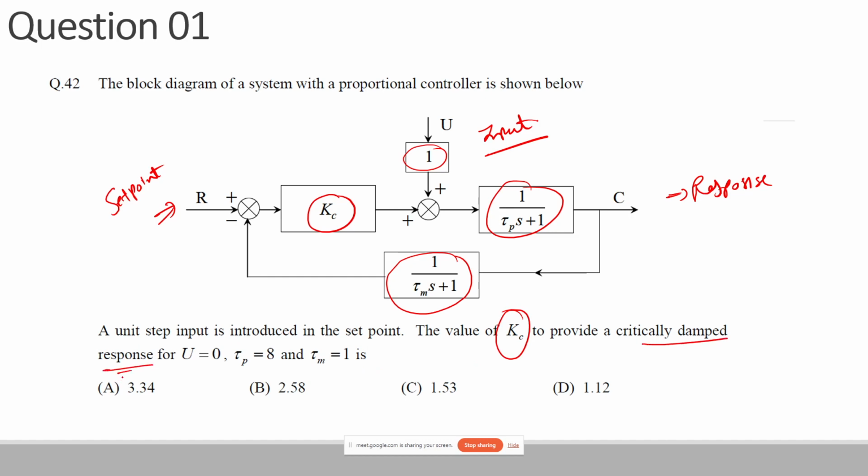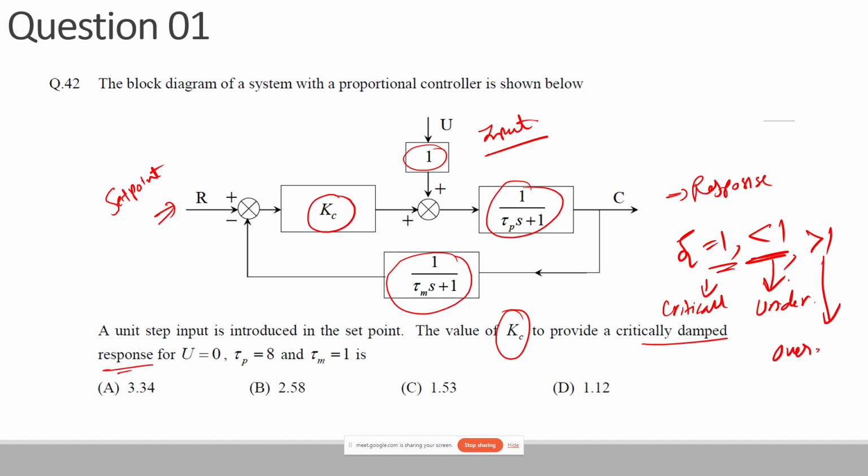In the earlier class, we studied different kinds of responses corresponding to zeta equal to 1, less than 1, greater than 1. If zeta is less than 1, we call it an underdamped system; if zeta equal to 1, a critically damped system; and if zeta is greater than 1, an overdamped system.